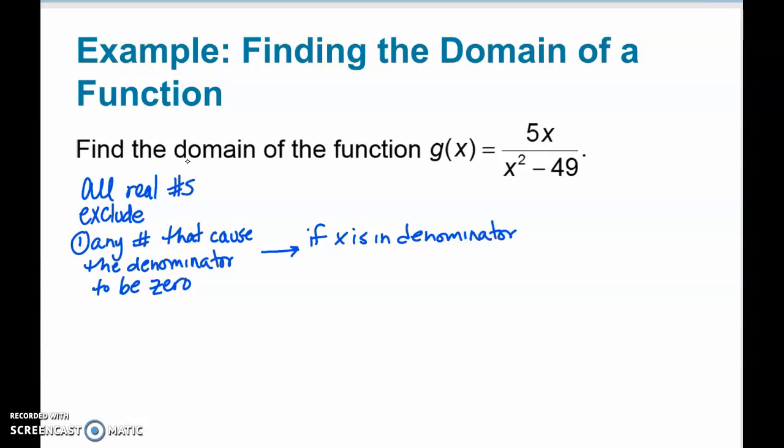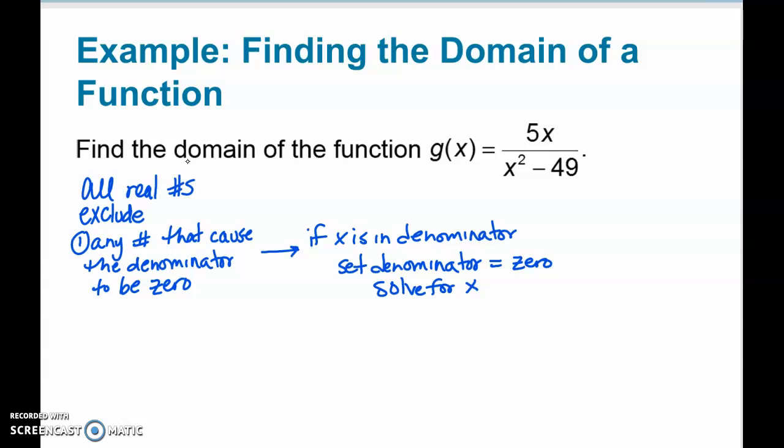So the first question you're going to ask yourself, is x in the denominator? And if it is, then you're going to set the denominator equal to 0, and you're going to solve for x. That will give you the exclusion.